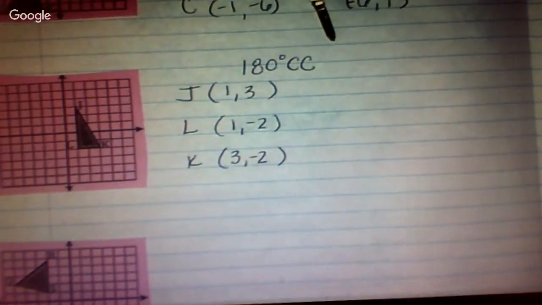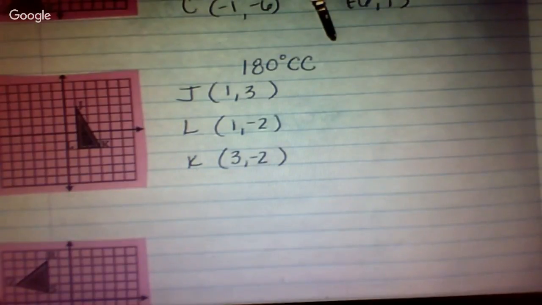Okay, so let's say I want to rotate it 180 degrees counterclockwise. According to the rules we talked about yesterday, the only thing I have to do to my point is switch them around and change the signs. Positives now become negative.